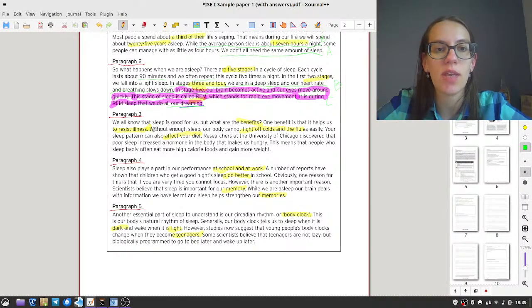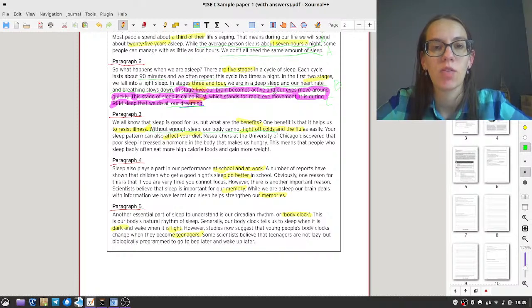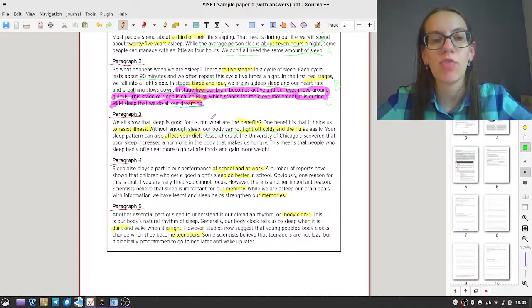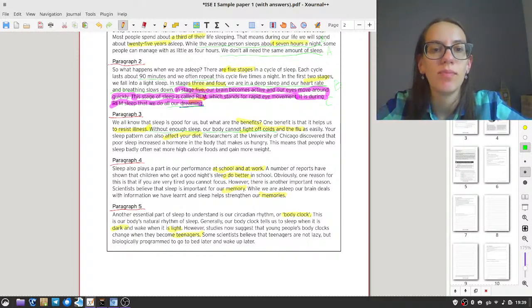Without enough sleep, our body cannot fight off colds. So we are given information that it's difficult for our body to fight the cold when we don't sleep enough, when we don't sleep very well.